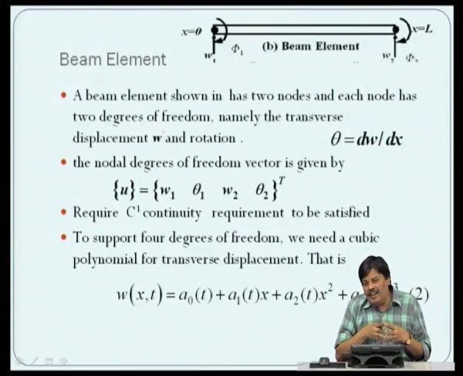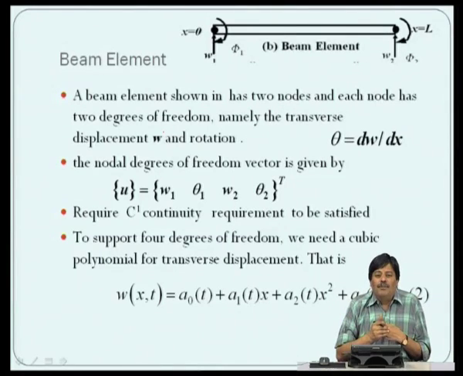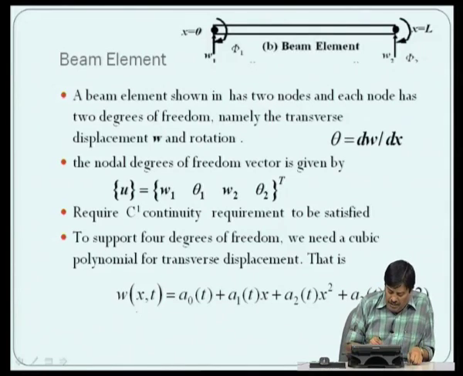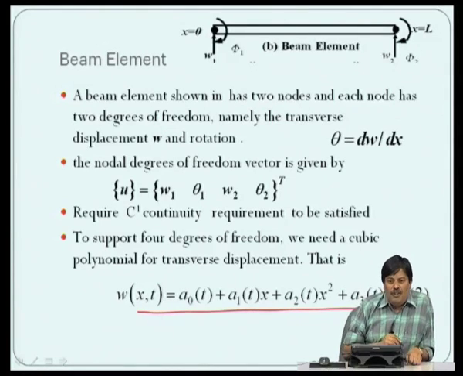So the higher order approximation that is required because of these 4 degrees of freedom will lead to a continuity requirement which is C1, mainly because, as I said earlier, both W and dW by dx have to be continuous at the inter-element boundary. So we take a cubic polynomial here.